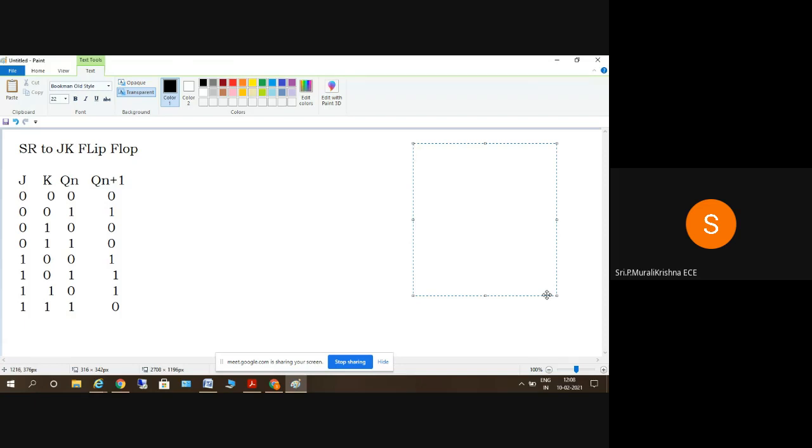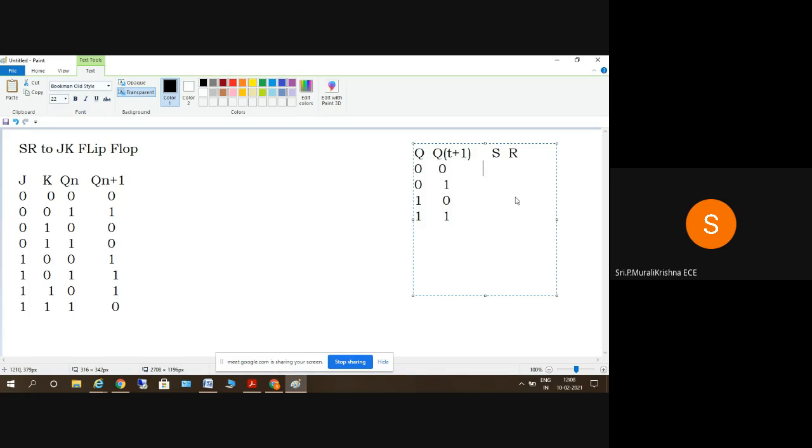Okay, and write the excitation table of the SR flip flop here. So Q of n plus 1, and we'll have S and R values. So 0 0, 0 1, 1 0, 1 1.